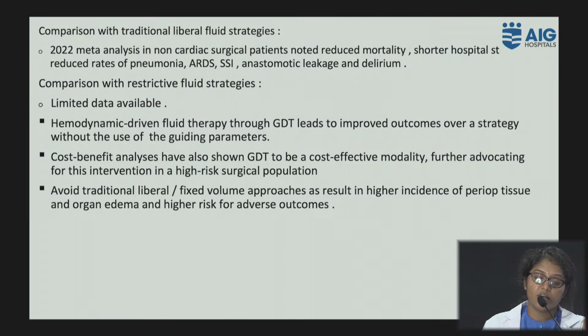But goal-directed fluid therapy compared with restrictive fluid strategies, there is very limited data available. And in a high-risk surgical population, GDT is the modality, because it significantly decreases the postoperative morbidity and mortality.